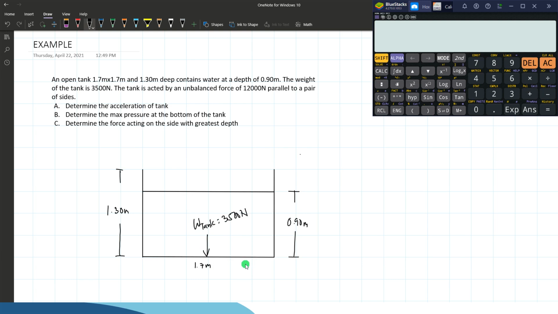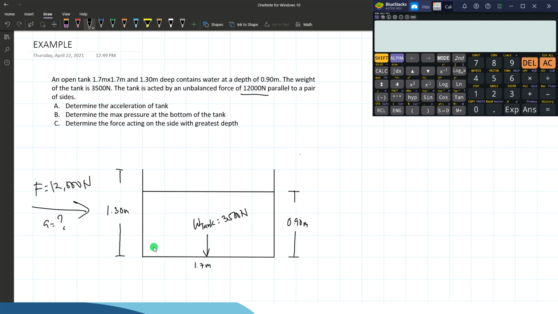The tank is acted on by an unbalanced force of 12,000 newtons parallel to a pair of sides. Let's say this is going to the right. So a force of 12,000 newtons is applied. Determine the acceleration of the tank.